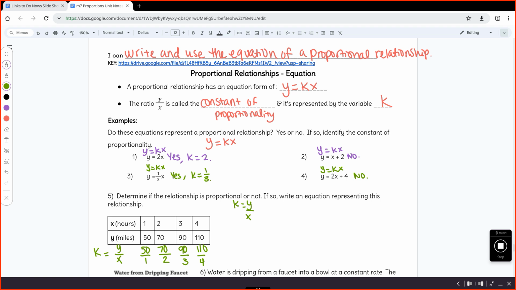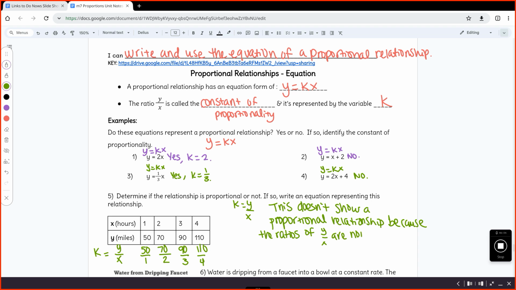So there is no proportional relationship. So here, this doesn't show a proportional relationship because the ratios of y to x are not equal.